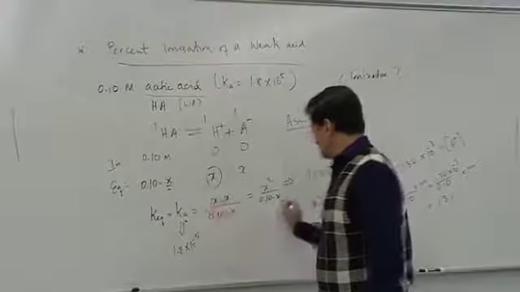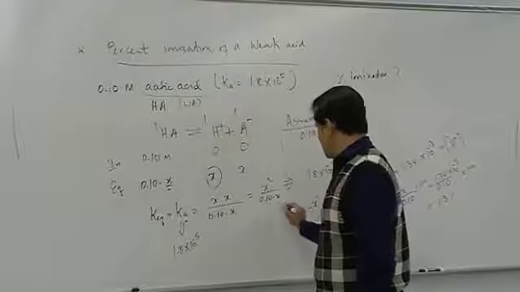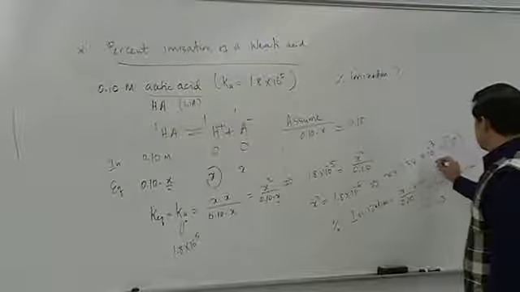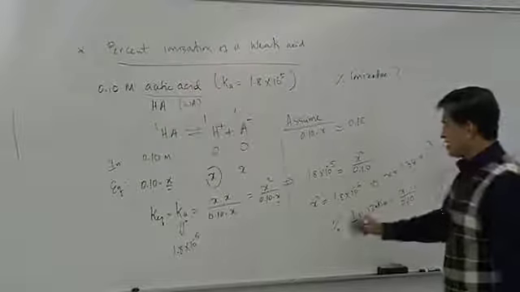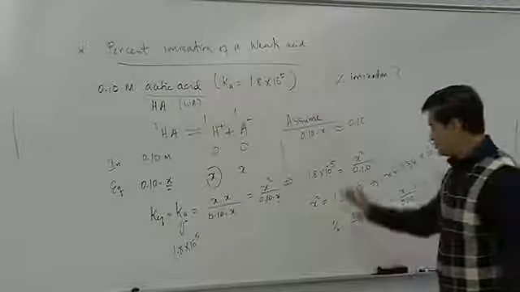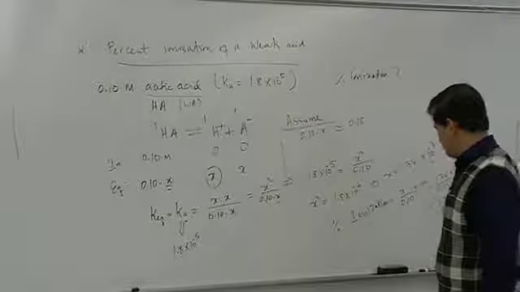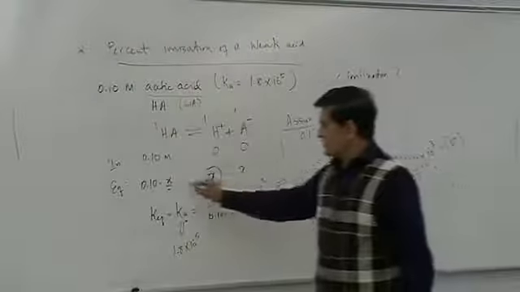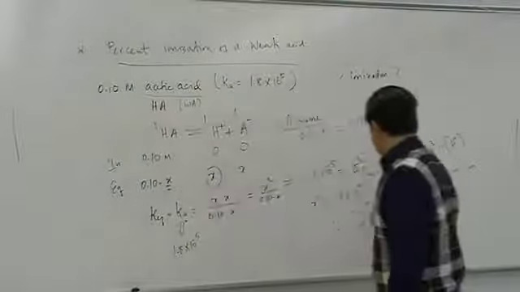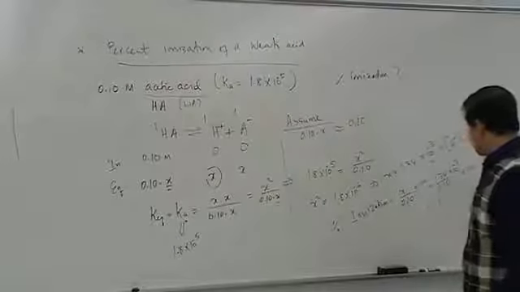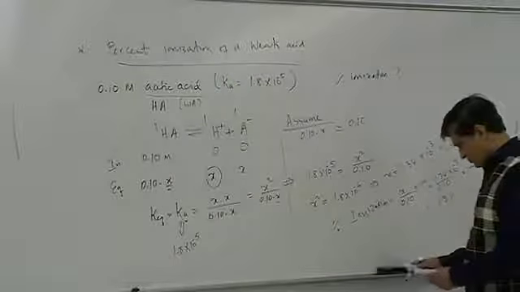Then you solve it by ignoring X here. Finally we solve for X, which is 1.34 times 10 to the negative 3, and that's pretty small compared to 0.10. So our assumption is fine. We don't need to solve by the quadratic method. So percent ionization is the amount that broke down divided by the original concentration times 100, which gives about 1.34%.